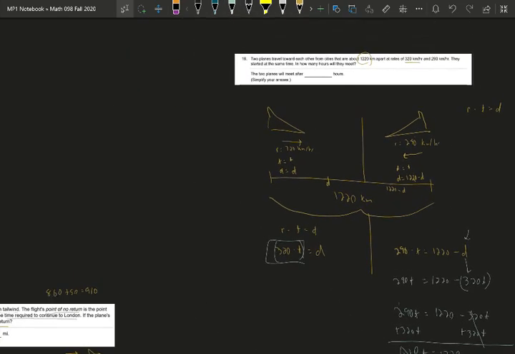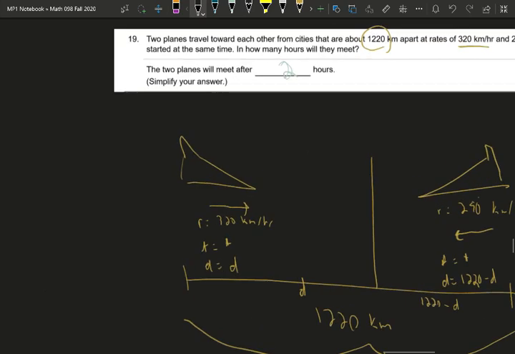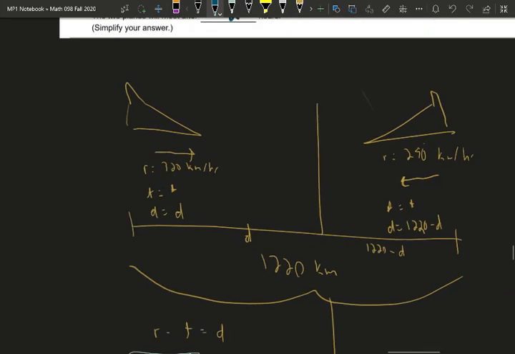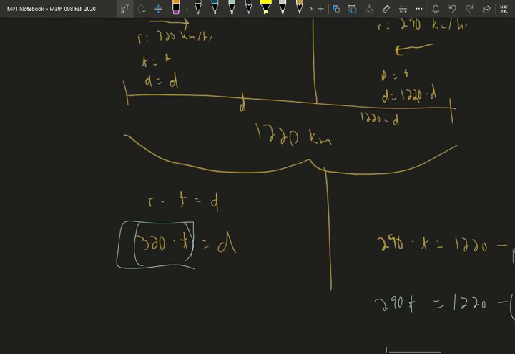It didn't ask for the distance at which they will meet. So they will meet at 2 hours. If it asked for the distance, that would have been easy too, because we would have just plugged in for either this equation or the other equation.